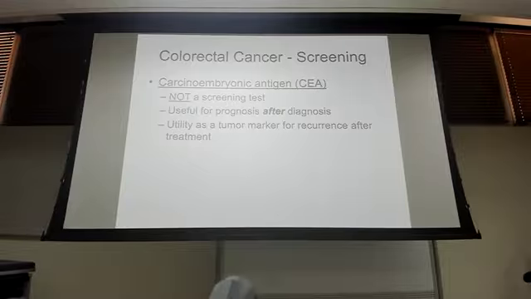So colorectal cancer screening, carcinoembryonic antigen, not a screening test. It's useful for prognosis after your patient's been diagnosed with colorectal cancer. So it's basically used as a tumor marker after you've been diagnosed with cancer to mark for recurrence after you've had treatment.